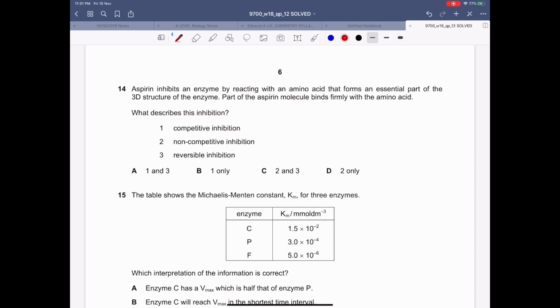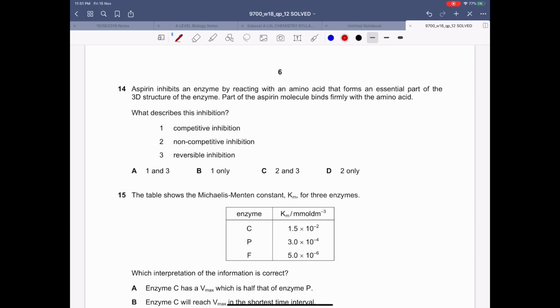Aspirin inhibits an enzyme by reacting with an amino acid that forms an essential part of the 3D structure of the enzyme. Part of the aspirin molecule binds firmly with the amino acid. What describes this inhibition? Number 1, competitive inhibition. Okay, good question.